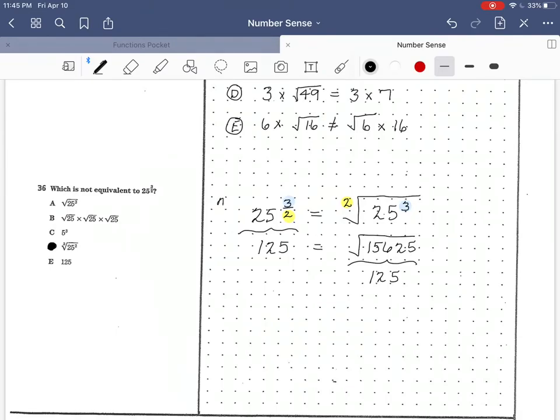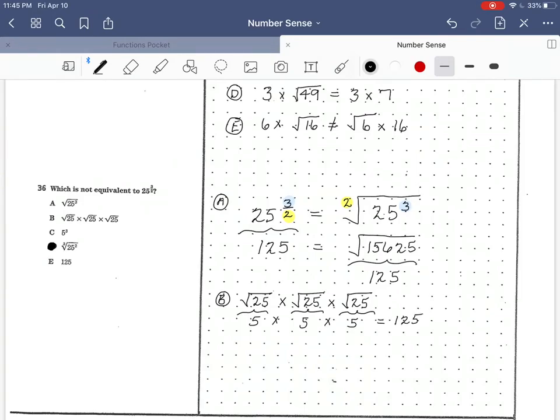This was A. So let's take a look at B and see what we come up with here. You've got the square root of 25 times the square root of 25 times the square root of 25. So if you simplify that, this is going to be 5 times 5 times 5, and that, if you multiply it out, is 125.